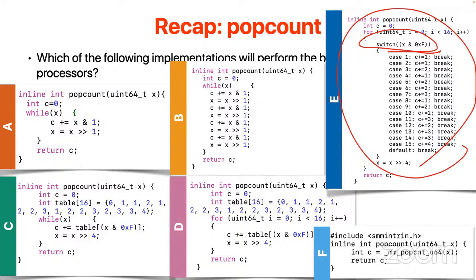However, if you look at code D, this i smaller than 16 is so obvious that even the compiler knows that every time you are going to do it 16 times. So even without the processor's assistance, we are still able to unroll this to get the performance we want. Within this piece of code, we also see the power of the lookup table.